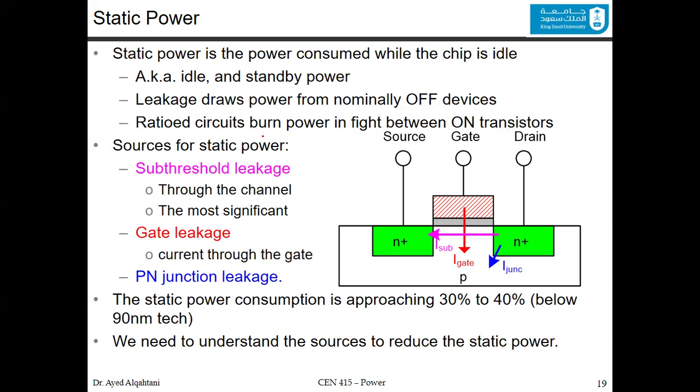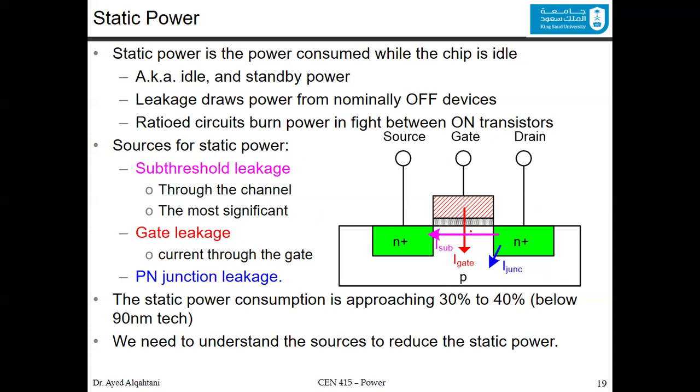Now, what are the sources of this static power consumption, or where does the leakage happen? It happens in the subthreshold leakage, the gate leakage, the p-n junction leakage, and also the contention current. The contention current, we ignore it. We will also ignore the p-n junction leakage. We will only focus on those two. The subthreshold leakage, as you can see, is a current going in this direction in the channel.